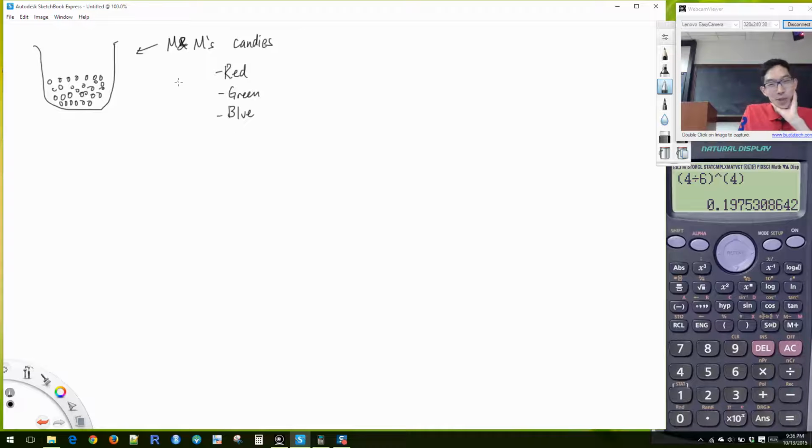And I like the red ones more, so I'm gonna make sure that half of my candies are red, 30% are green and 20% are blue. This is what makes up our bag here. This is a contrived scenario, but in our bag, half of the candies are red, 30% are green, and 20% are blue. I'm just setting up some silly situation here. All right, so now we will pick some candies out of the bag.